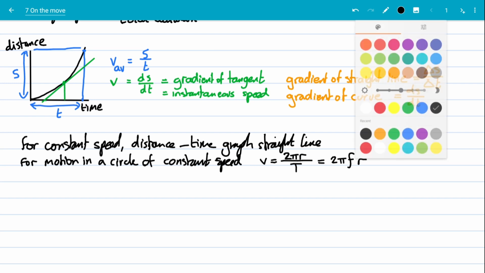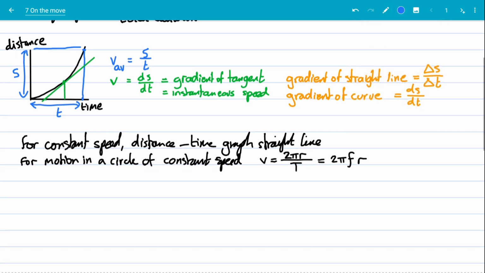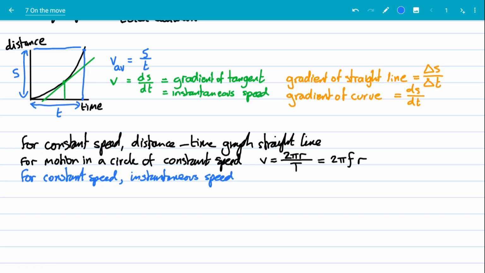Maybe I should make a note of that as well. Maybe that's too obvious. So for constant speed, we could say instantaneous speed, that's the speed at a particular instant, is equal to average speed. Just a useful bit of information to know.